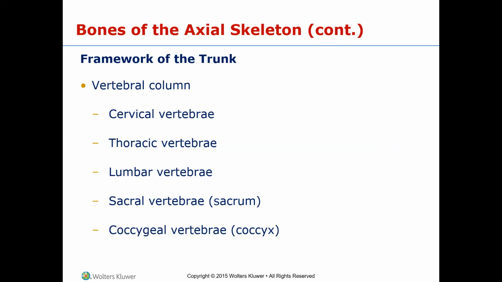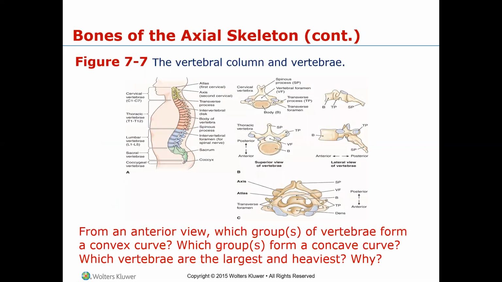In children, these are separate bones, and there are 5 of those, and then our tailbone, which is the coccygeal bone, and that has 4 or 5 of those. When we look at the vertebral column, you should know each one of the cervical, the thoracic, and be able to label them: the lumbar, the sacrum, and then the coccyx. In terms of all of the processes and all of this, I'm not holding you responsible for it.